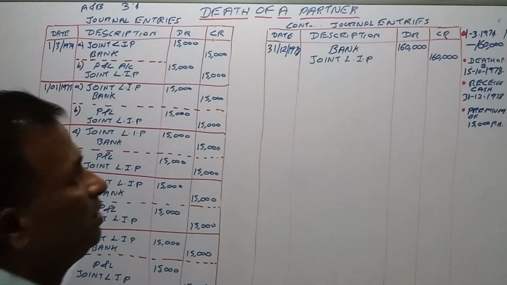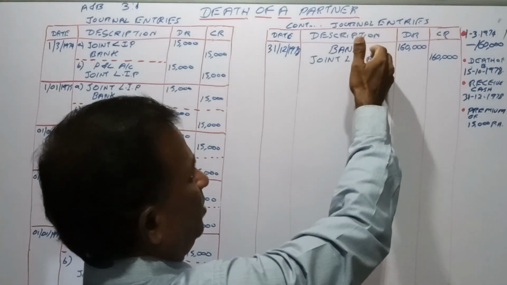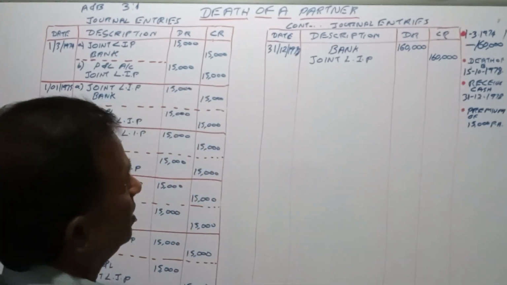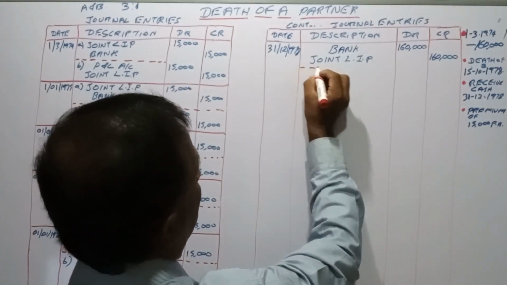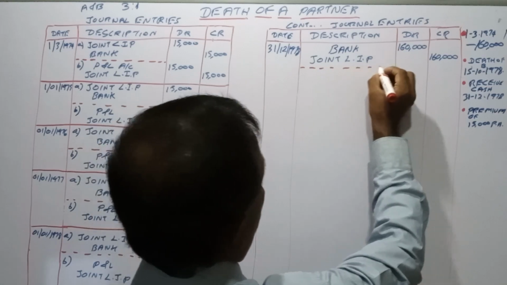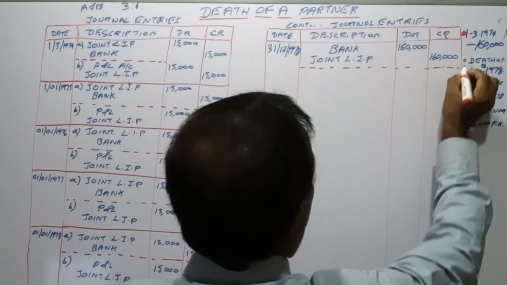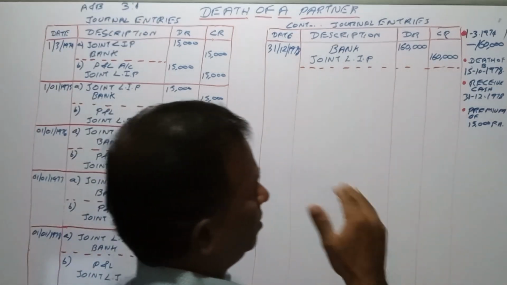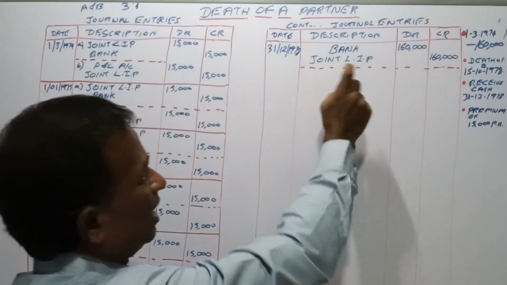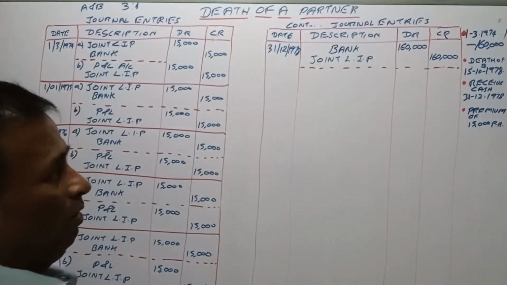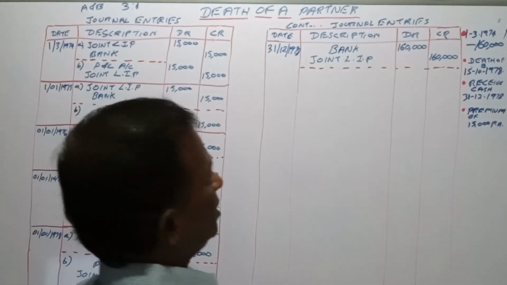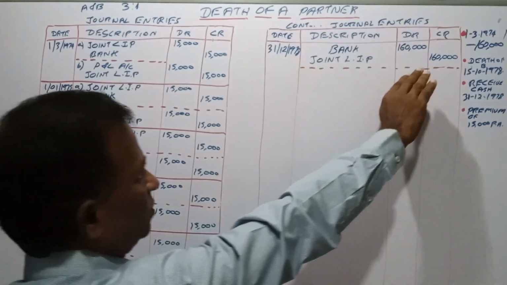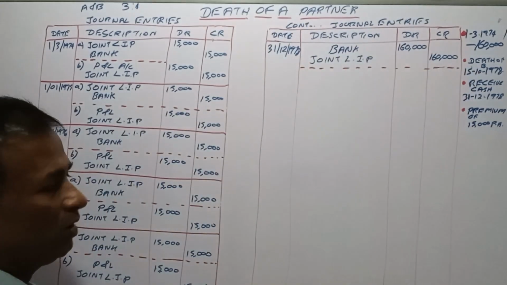That is the end of the year, because we are closing the accounts on 31st December 1978. On that date we have received the cash from the settlement from the insurance company. So bank account debit and joint life insurance policy account credit, right?